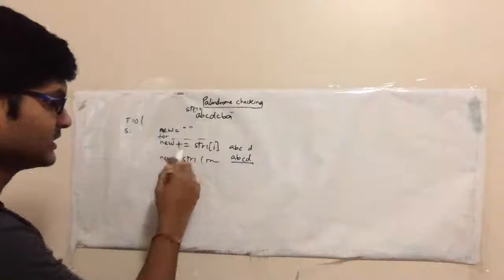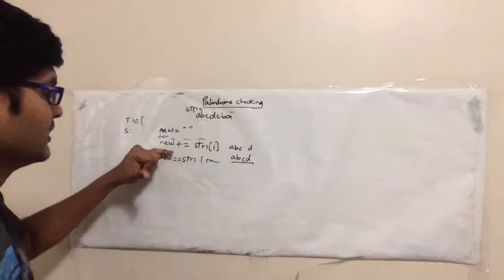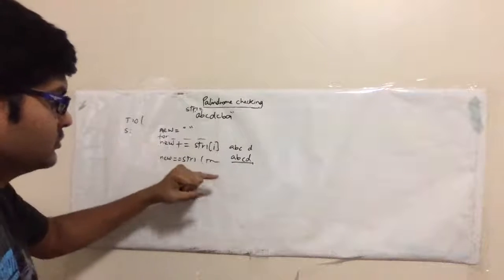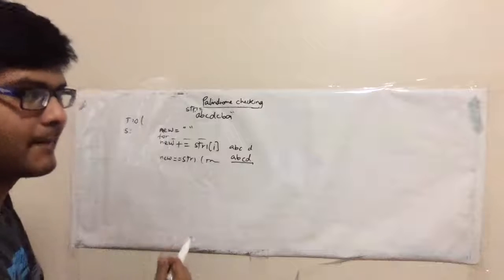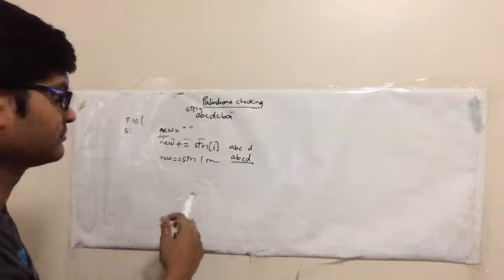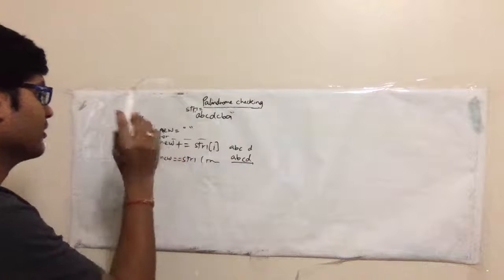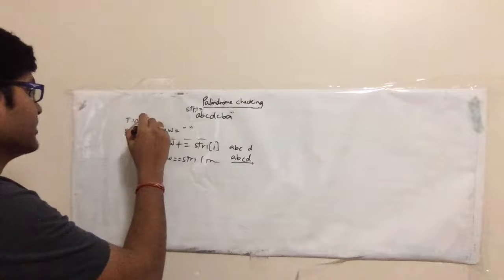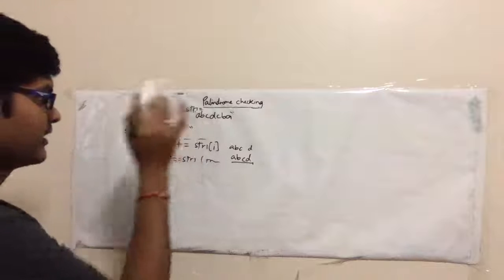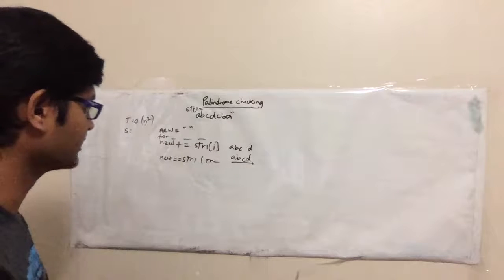So with this string concatenation, every time a new string will be created, and this happens in big O of n time. So finally, big O of n times big O of n will make it big O of n square, where n is the length of the given input string.